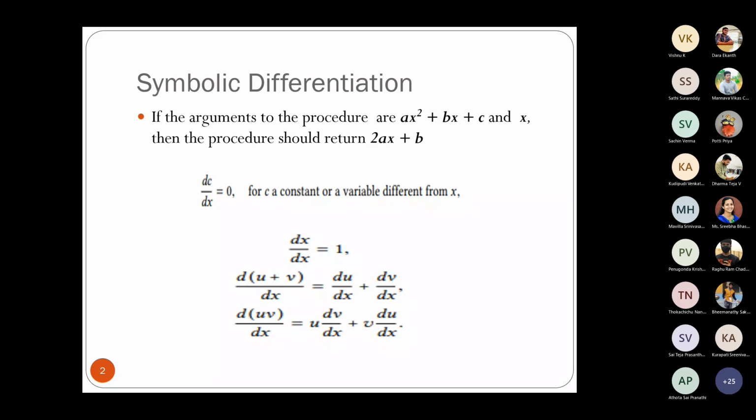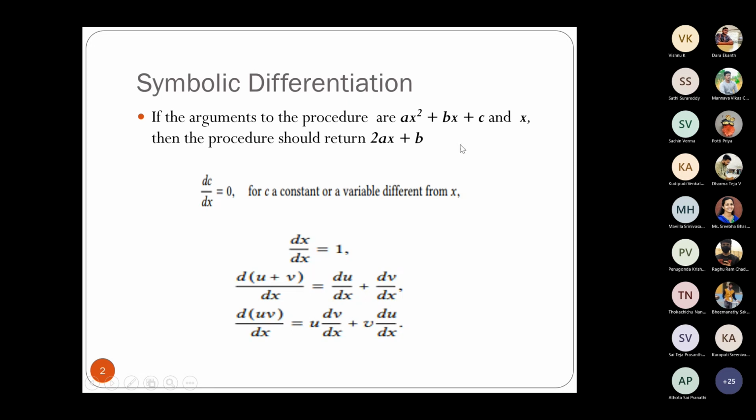The basic operations have to be neatly coded, right? So dc by dx, if the first argument is a constant and the second argument is a symbol, then I will just return 0, isn't it? Okay, so this is the second operation I have to perform, and move on to the next condition.